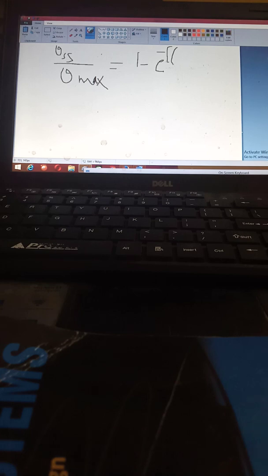One is TR by tau R, and plus another term is TS by tau S. Correct. This divided by 1 minus exponent of minus TR by tau R.